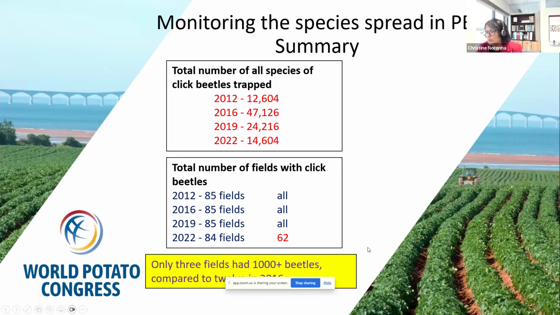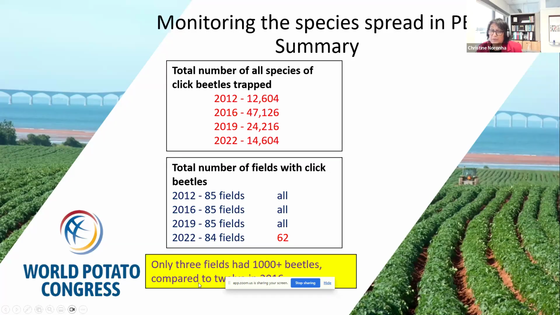And what was the most interesting was this. We found that only 3 fields had over 1,000 beetles. And when I say 1,000 plus, it is like 1,500 or less than 2,000 beetles per field in these 3 fields.